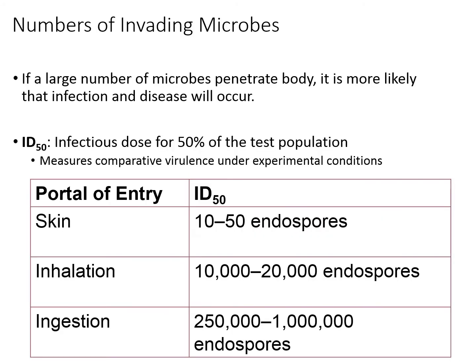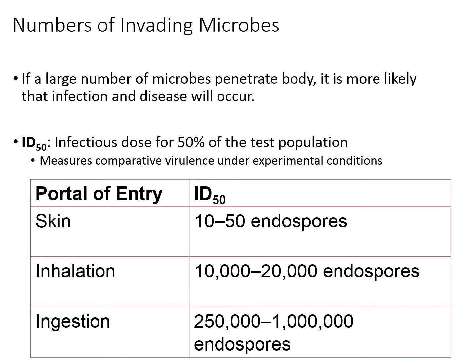In addition to how pathogens enter a host, the number of pathogens is important as well. The virulence of a microbe can be determined experimentally by inoculating laboratory animals with different amounts of microorganisms and observing the animals for signs of infection or disease or death over a specified period of time.